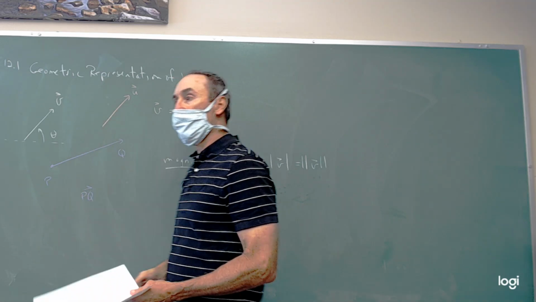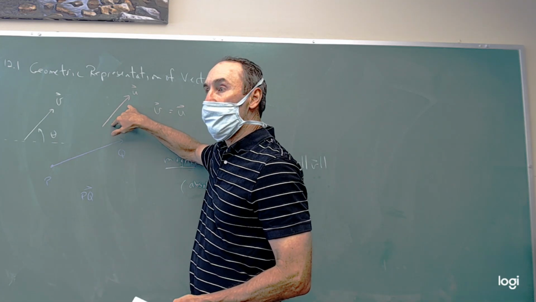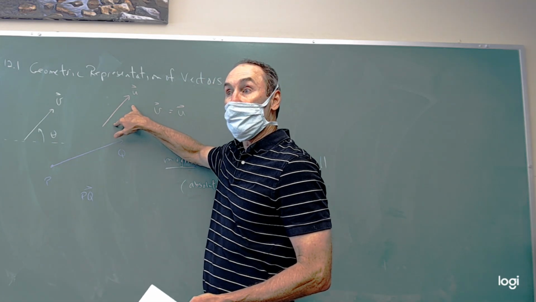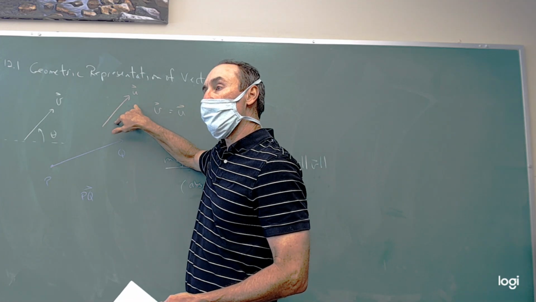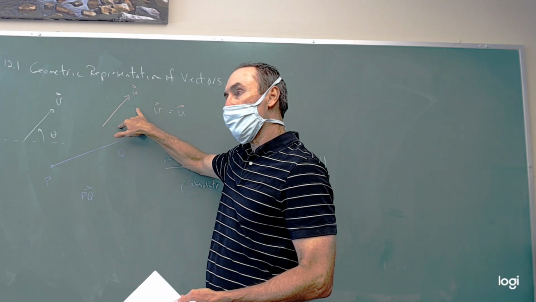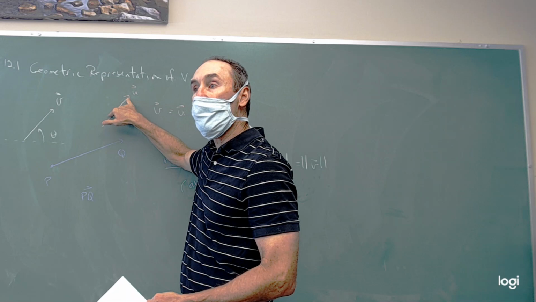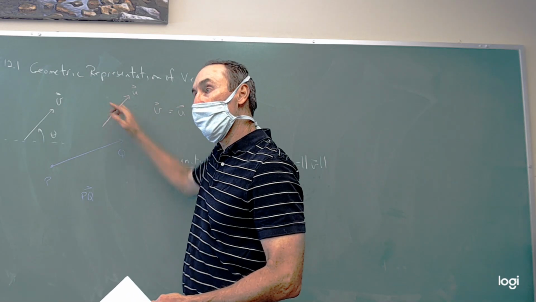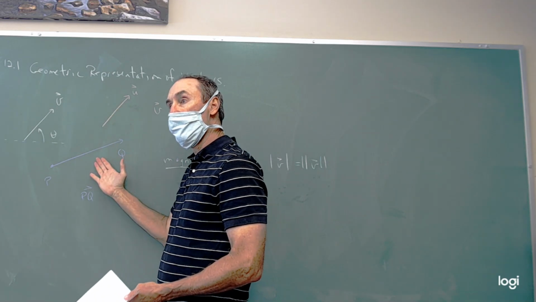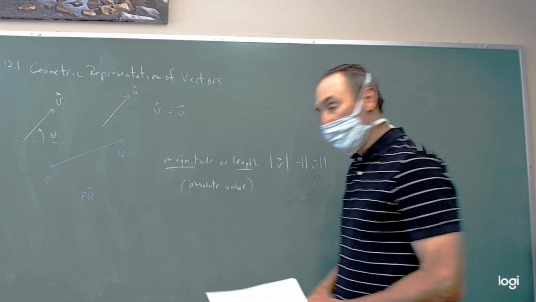If this was a velocity, then the magnitude would be its speed, in miles per hour. And if this was a force, it might be measured in English measure with pounds. So this might be 8 pounds, and that may be 5 pounds of force. The longer vector means it has a greater magnitude.